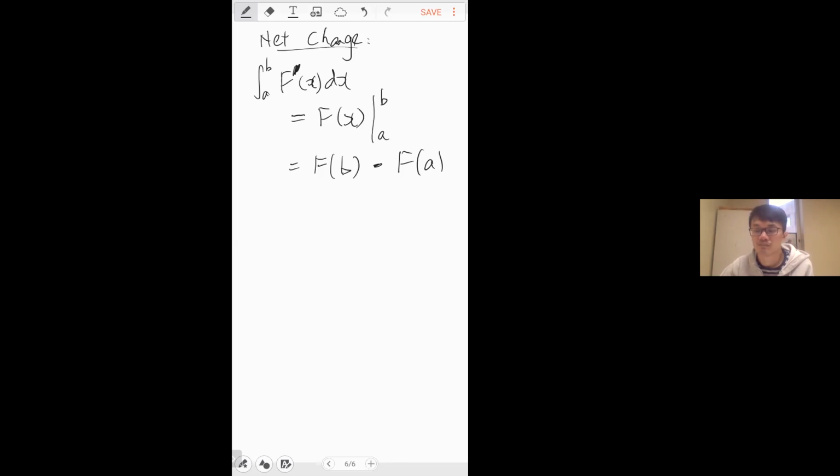So is that the original f of x function, or is that an antiderivative? Like the derivative of an antiderivative should just be the function, right? Okay, so if you want to think like that, my f prime is actually my f in the fundamental theorem of calculus.